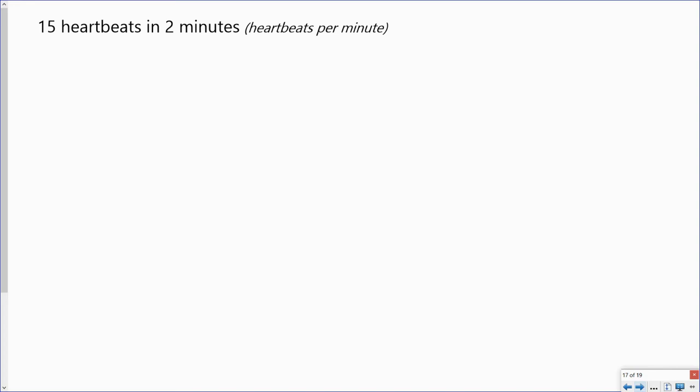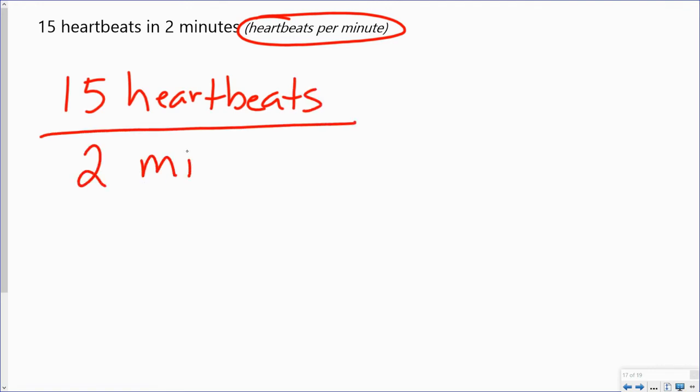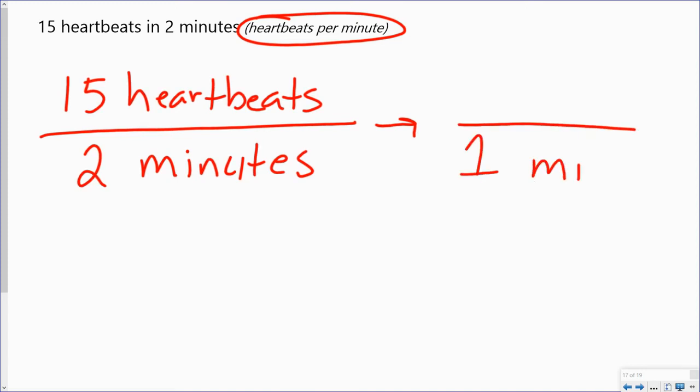15 heartbeats in 2 minutes. Again, here is my clue: it's talking about heartbeats per minute. So I would take 15 heartbeats over 2 minutes, and I want to make that into a unit rate, so that would be over 1 minute.